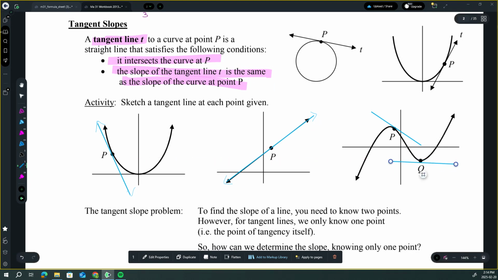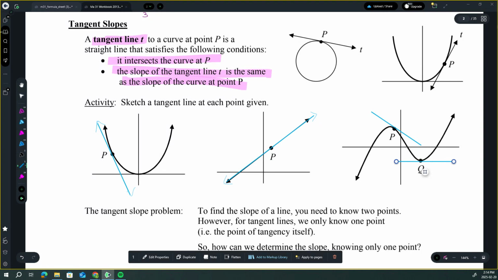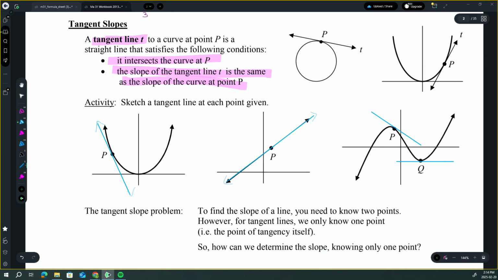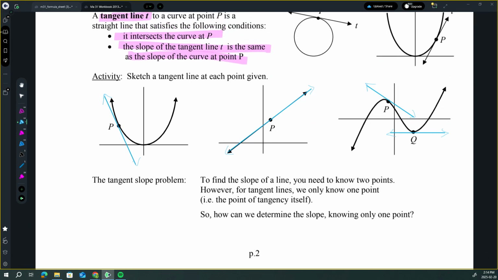Oh, it's being a little bit sticky. There we go. All right.